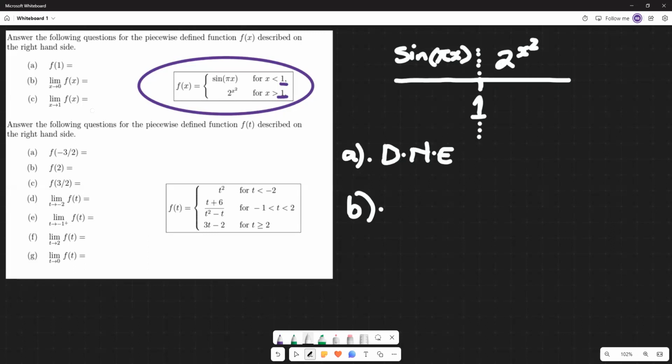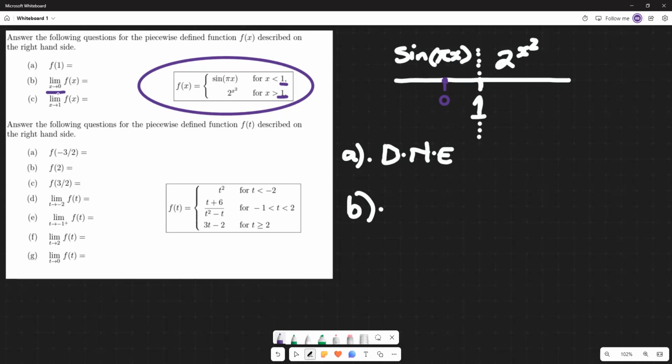On B, we are looking for the limit as x approaches 0. Let's check where our 0 is. Our 0 is somewhere here. Then we want to know what happens as we approach 0. Remember, this is a full limit. For a limit to exist, its partial limits must be equal.